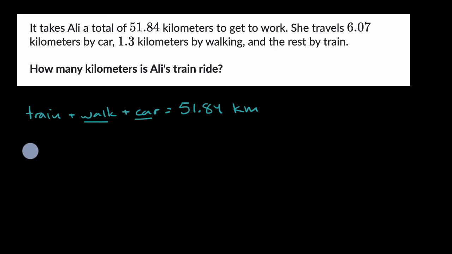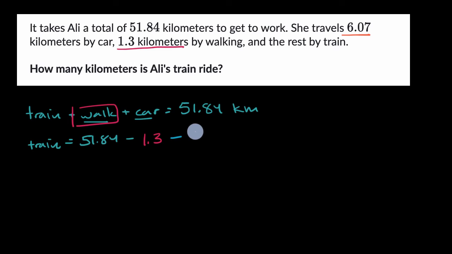So another way to think about it is the train ride should be equal to the total, 51.84, minus the amount that we walk, which is 1.3 kilometers, minus 1.3. And then also minus the amount that we go by car, which is 6.07 kilometers. So we just need to figure out what this is.